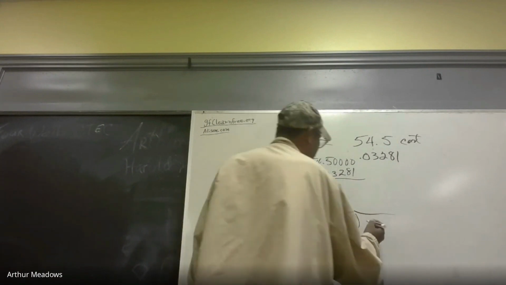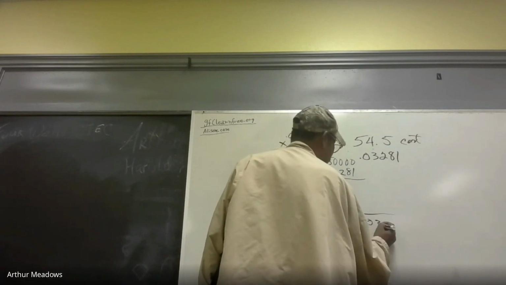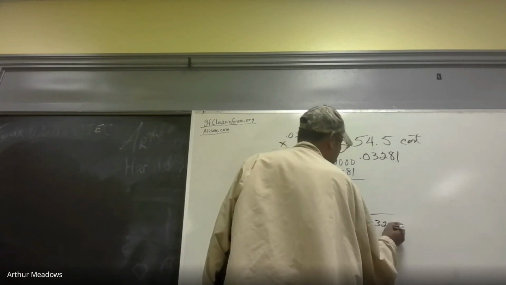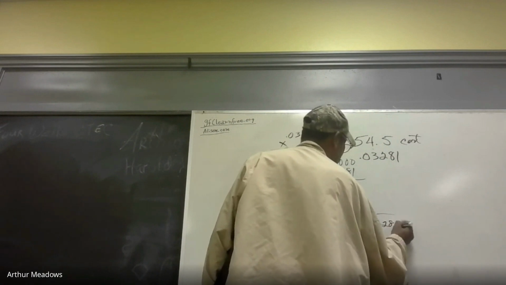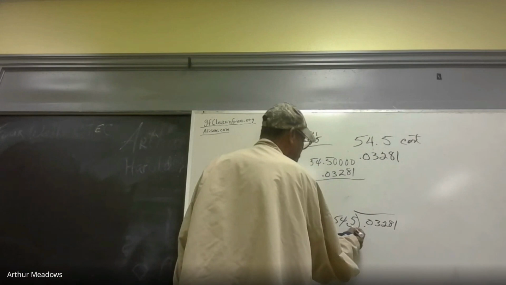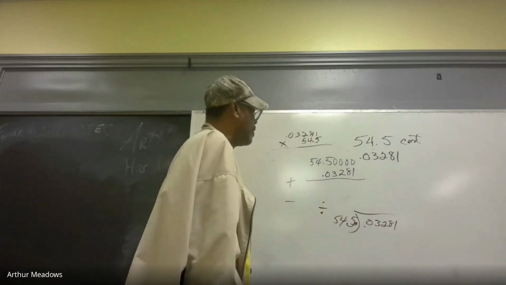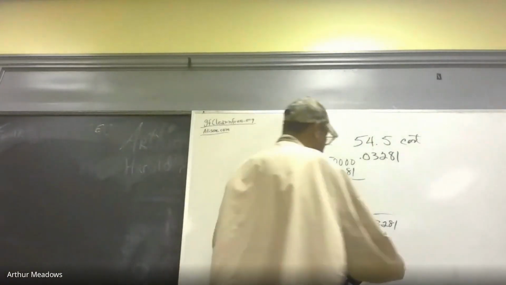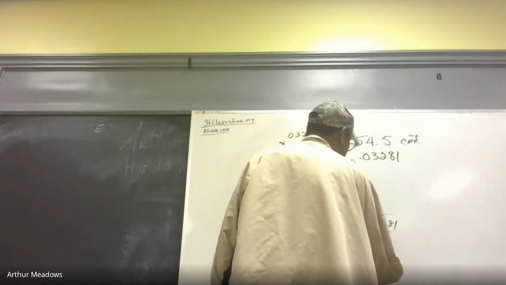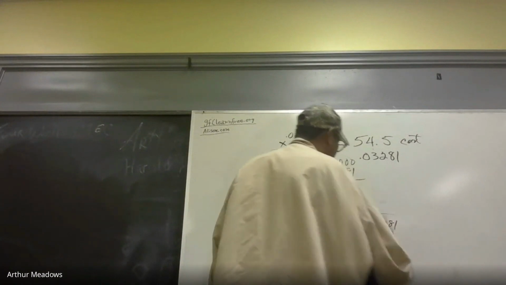Then you're gonna try to run that into 0.0321. That's an impossibility. First off, you got to move this here, so that's gonna make that 545. And now you got one place here, so you gotta move it right there, and your decimal point will be right there.